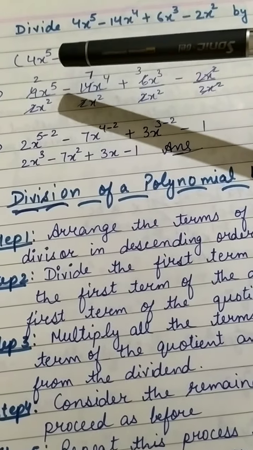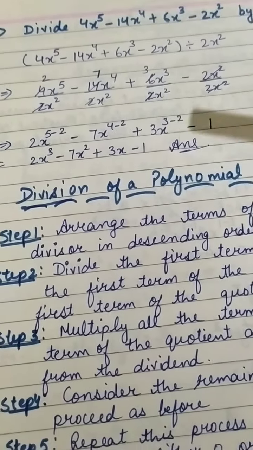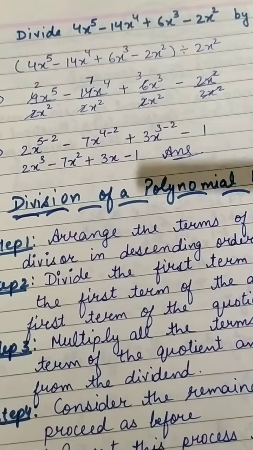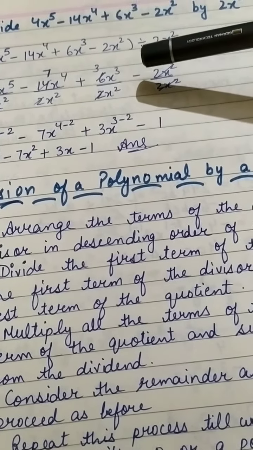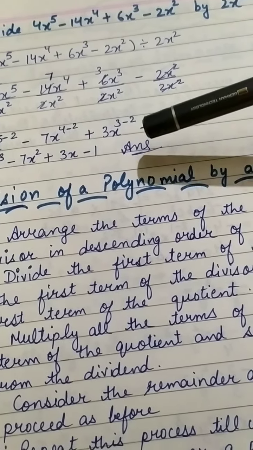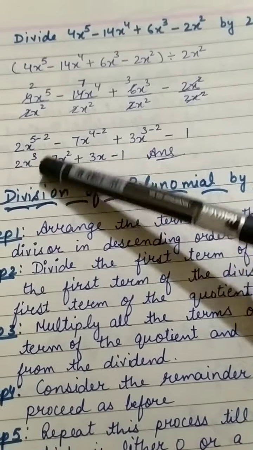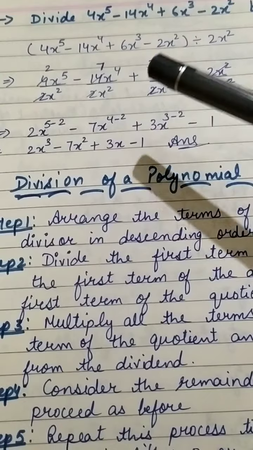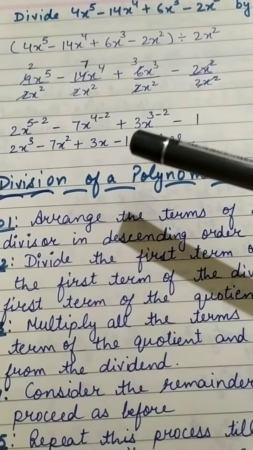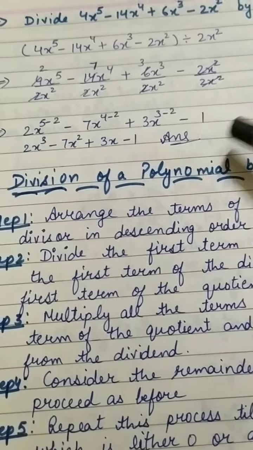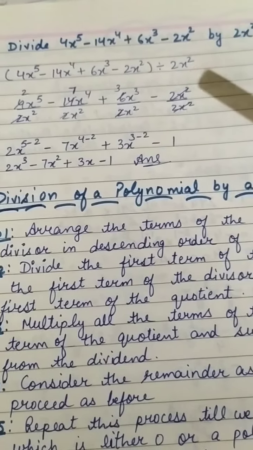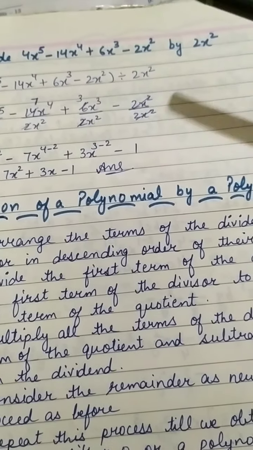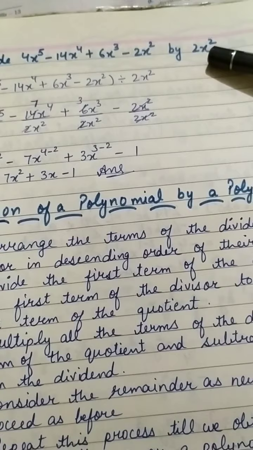So x raised to the power 5 minus 2, here x raised to the power 4 minus 2, here x raised to the power 3 minus 2. So we are left with 2x raised to the power 3 minus 7x raised to the power 2 plus 3x minus 1. So this is our final answer after dividing this expression by 2x square. All right.